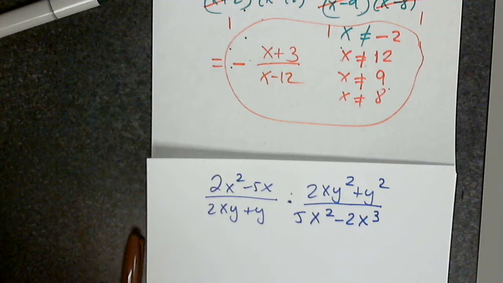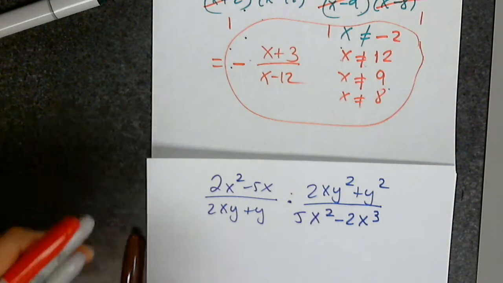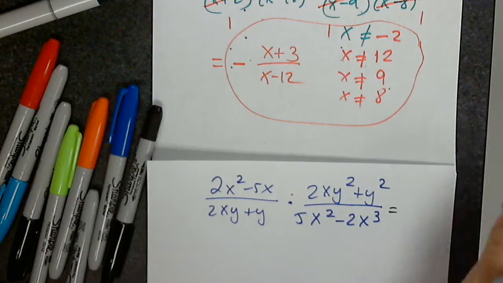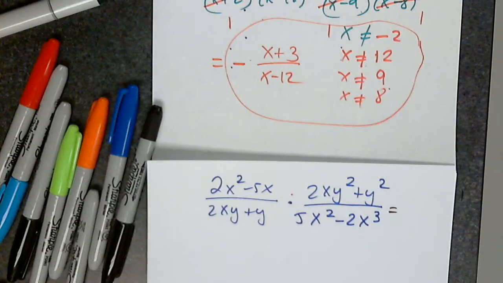Let me know if you need help. Yes. No, you cannot simplify. You have to factor everything. You factor everything separately. What will you factor first?